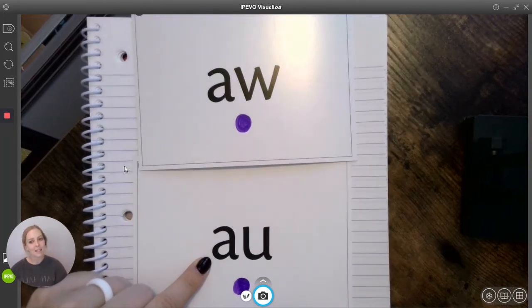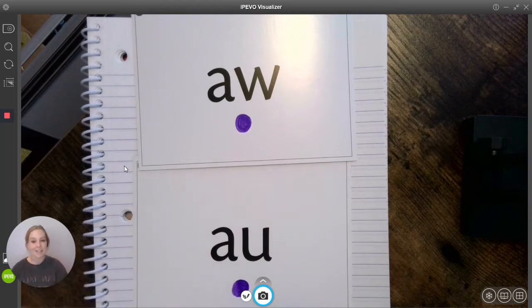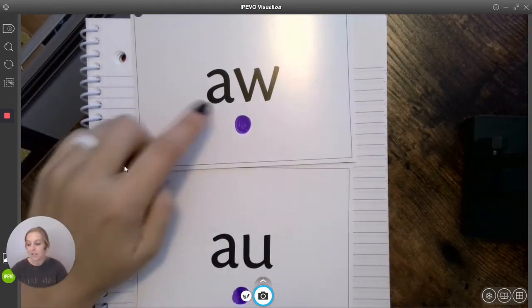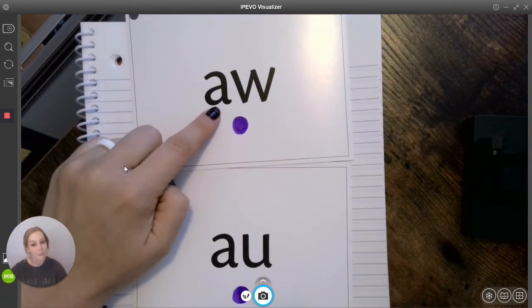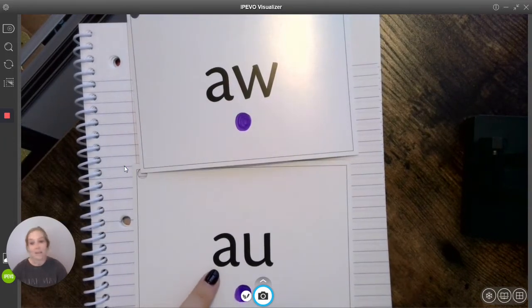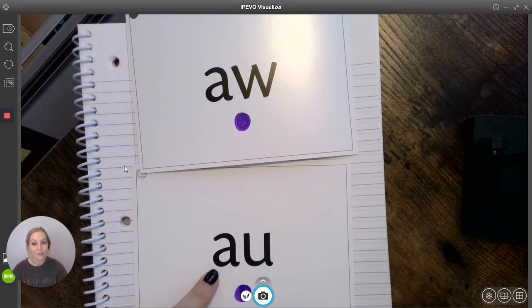Who remembers that spelling rule? It says English words do not end in I, U, V, or J. And since this one ends with a U, it cannot be used at the end of English words. So this may be used at the end of English words, and this may not be used at the end of English words.